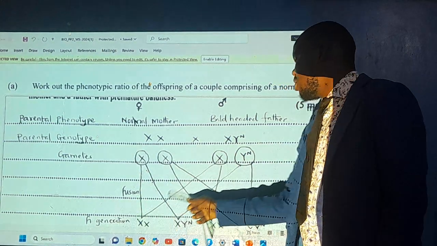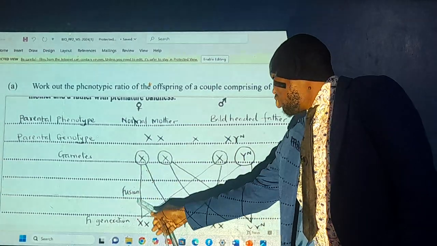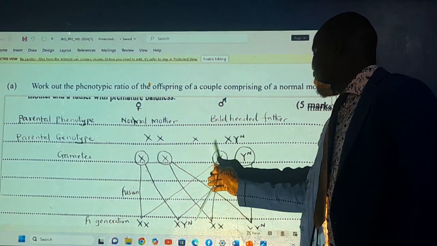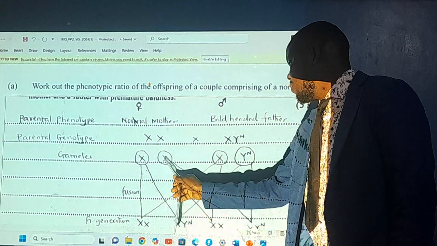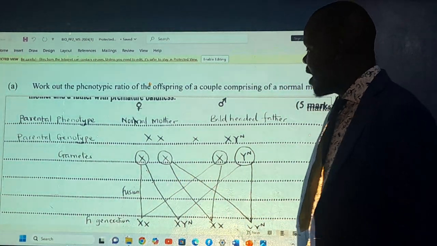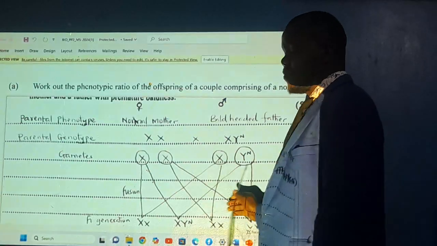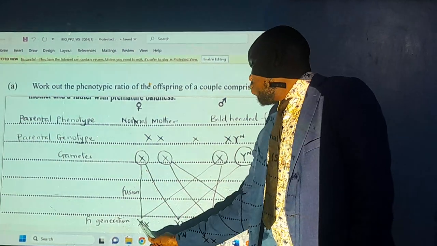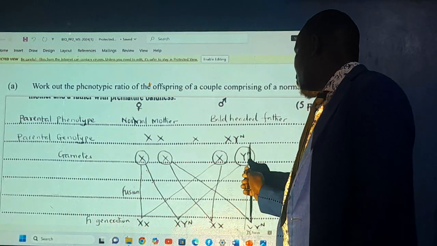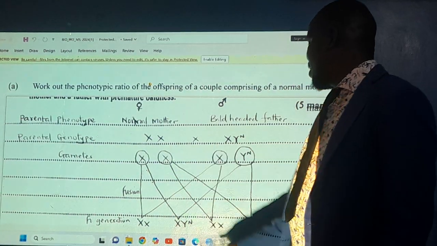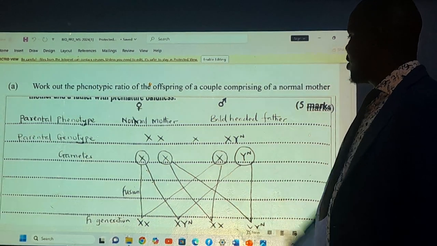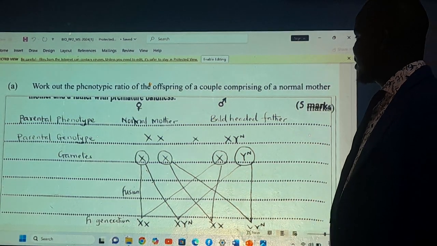Then we have the fusion lines: the first with the second, the other one with the far end. So those are the fusion lines. The F1 should be correct for you to be awarded the mark. Then we have X with X, X with Y N, X with X, and X with Y N. The marking is 5 marks.